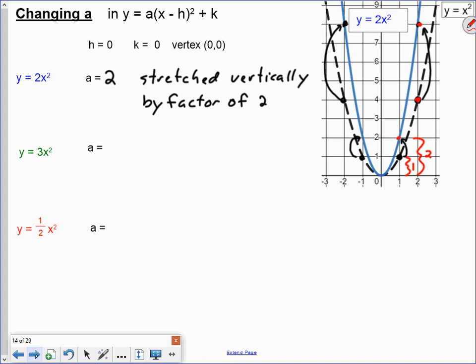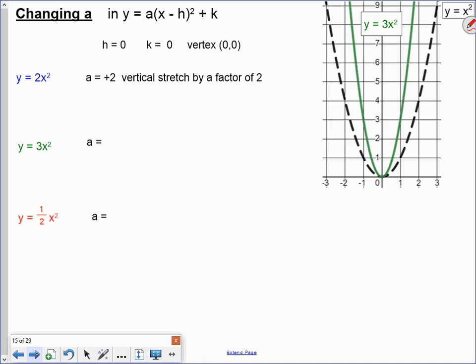All right, what if we make a equal to 3? Again, we can see it's gotten even narrower. So our a value is 3. This is a vertical stretch by a factor of 3.